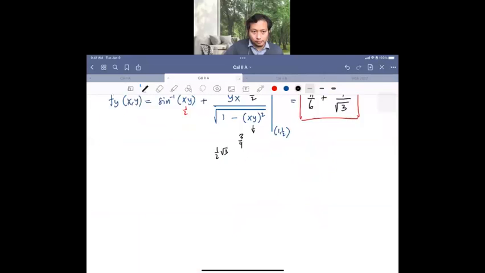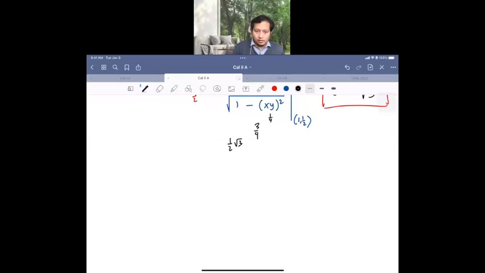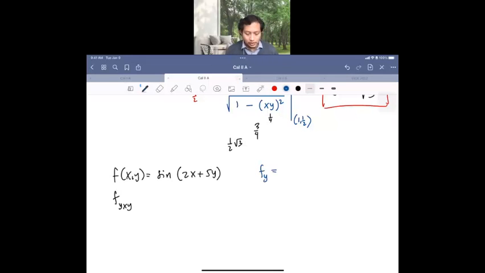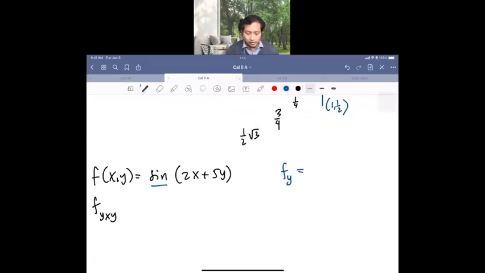Let me write here for you. f_xy is sine 2x plus 5y. The question is asking for partial y x y. So first we need to find the partial y. Partial y of sine, and the function is inside, so it becomes cos(2x plus 5y), and then multiply with 5, right? With 5.